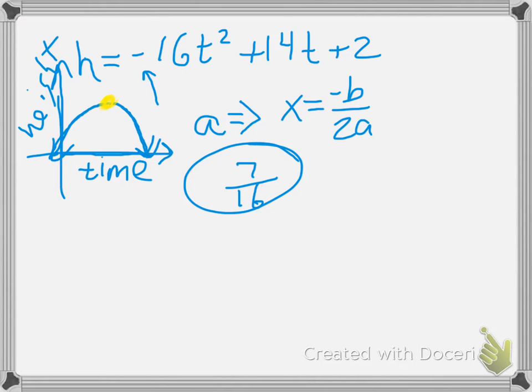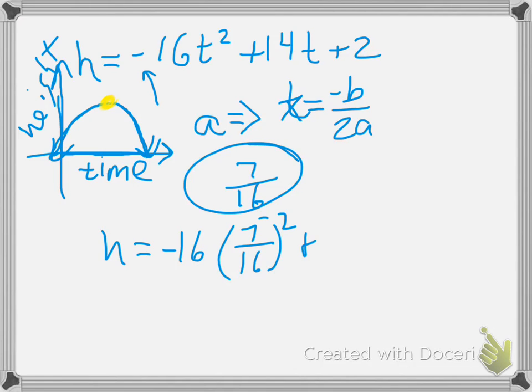So all you have to do is take your x and plug it back into the equation, or your t, I guess it's called a t in this equation, but plug it back in. So you can go h equals negative 16 times 7/16 squared plus 14 times 7/16 plus 2. And that'll give you the height, and it's about 5. Ends up being a little bit more, it's like 5.06.